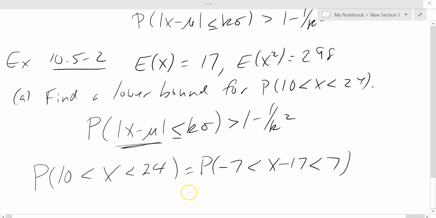Can I convert that to an absolute value inequality? What would have to be true about the absolute value of x minus 17? It just has to be less than 7, right?